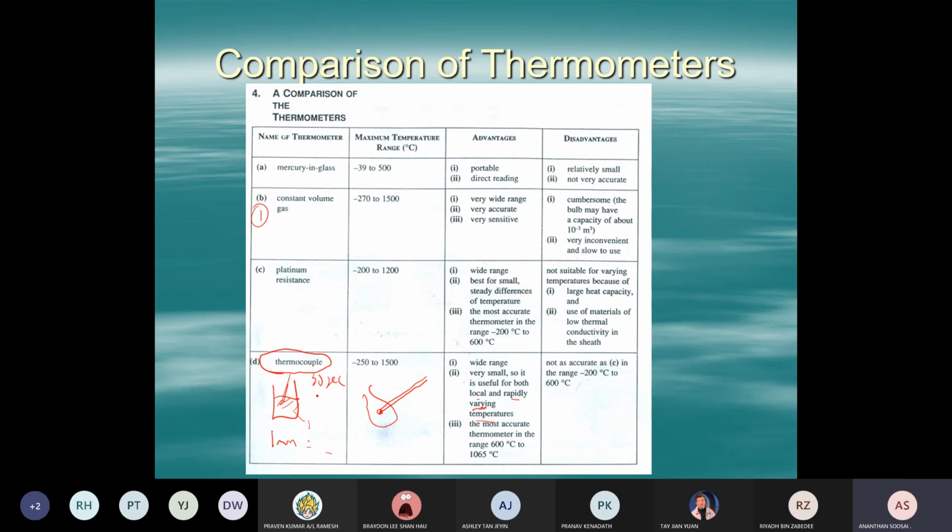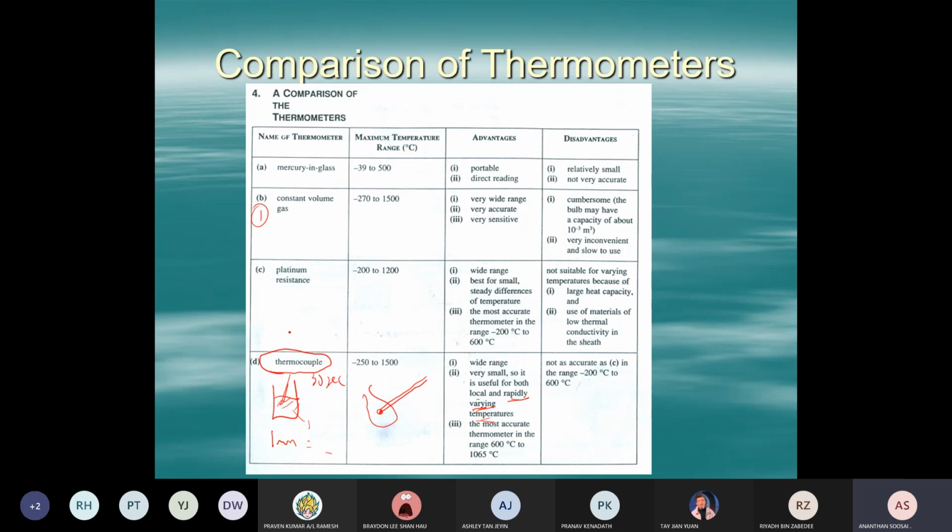It will be in a pair, and it's used for rapidly varying temperature. Other thermometers can't really do that. Constant volume gas can, but it's bulky, that's why we never use it. Mercury in glass, although it's quite fast, is not that accurate. Platinum resistance, we will come back to this after this.